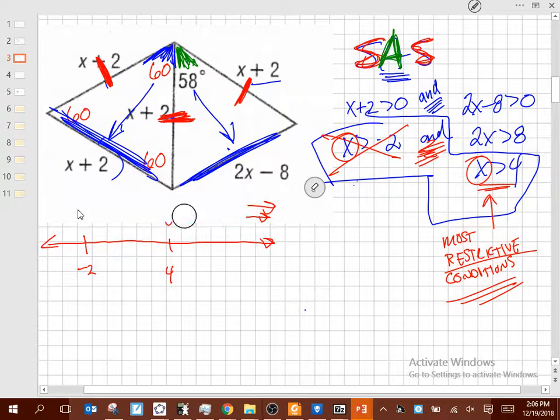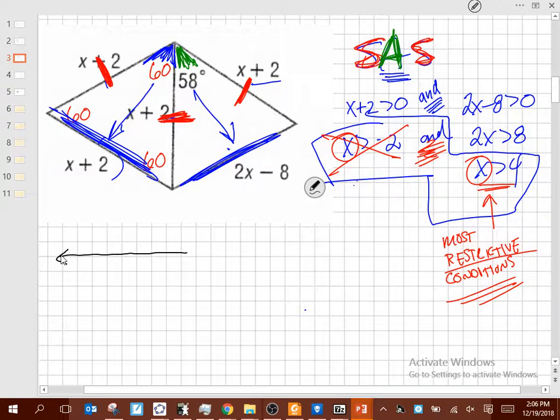That's the math that I'm interested in you guys understanding, or trying to develop a comfort level with. If you don't get that right now, you can get your solutions by this procedure. You can say that x had to be bigger than -2. You can graph that. You can say x had to be bigger than 4. You can graph that.